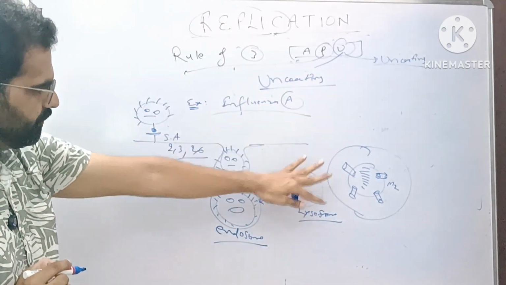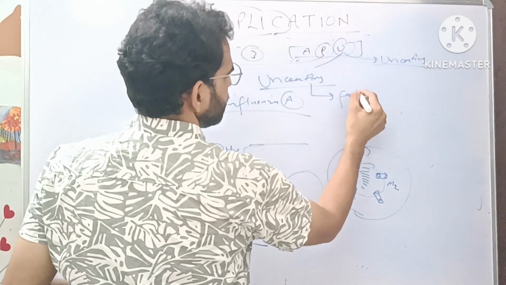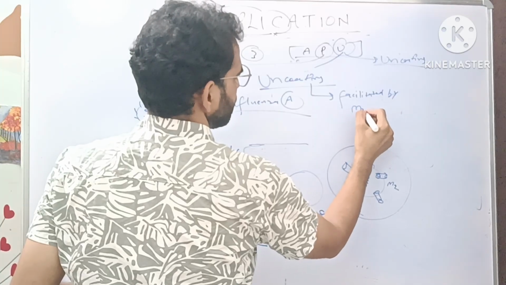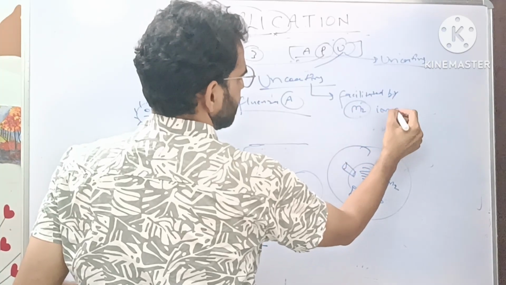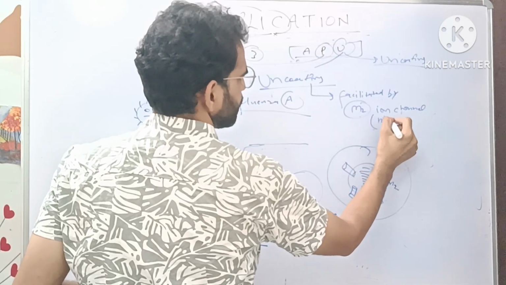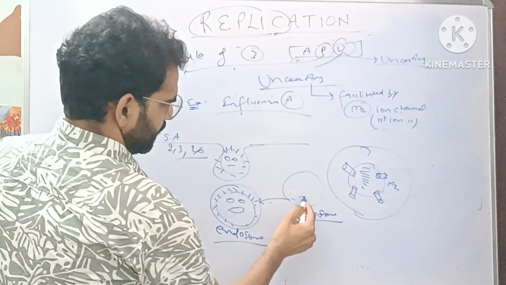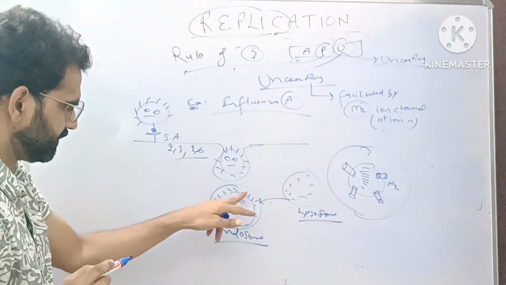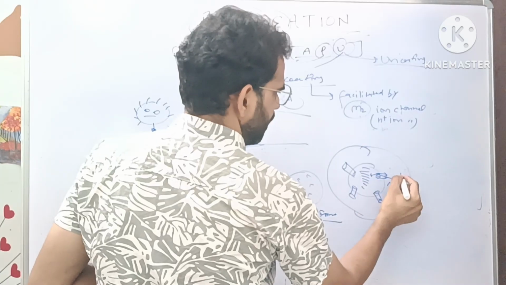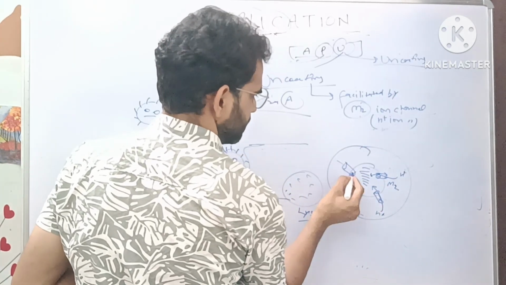So in influenza viruses, the uncoating step is facilitated by the M2 ion channel. Which ion? They are proton ion channels. So once the lysosomal content is mixed with this, these proton channels allow the lysosomal proton influx.